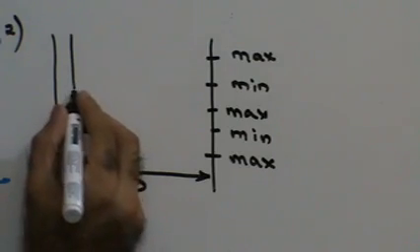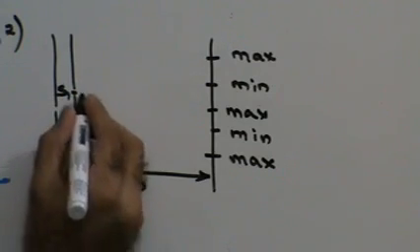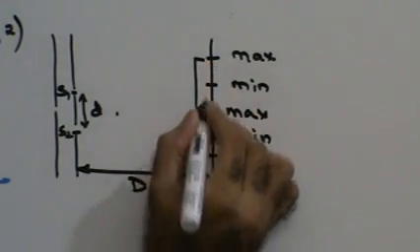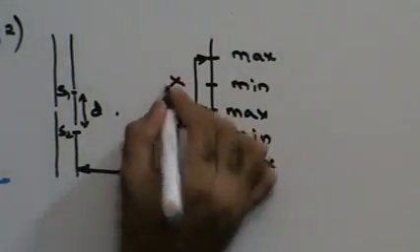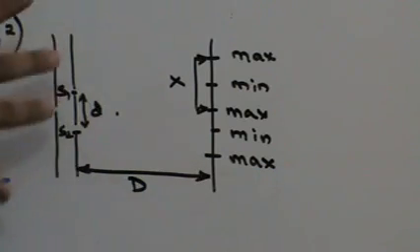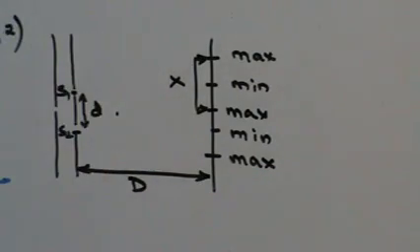Now, the distance between the two slits, S1 and S2, can easily be measured, which is represented as small d, right? And the distance between two consecutive bright or two consecutive dark bands can be measured. This distance from here to here is called X. So three things you can easily measure using Young's double slit experiment: the distance between the slit and the screen, the distance between the two slits, and the fringe width. This is called the fringe width, the distance between two consecutive bright or two consecutive dark bands.